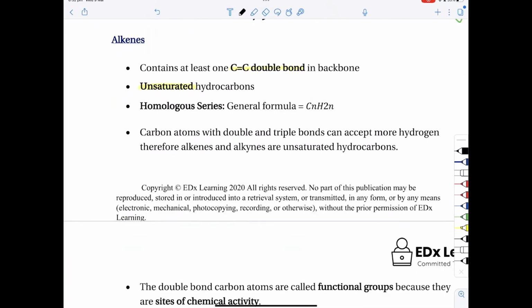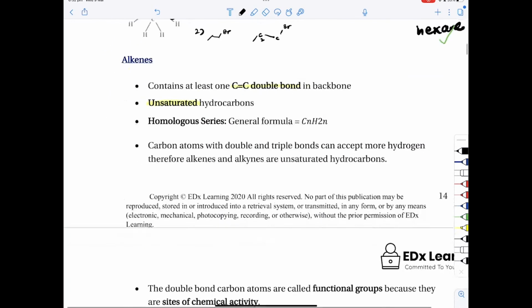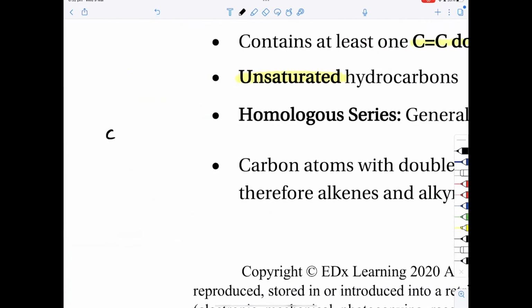Well, alkanes are saturated because they have the most number of hydrogens that you can have in a hydrocarbon. Good. So per carbon, your alkanes have the maximum number of hydrogens attached. For every carbon, it's bound to the max number of hydrogens possible.